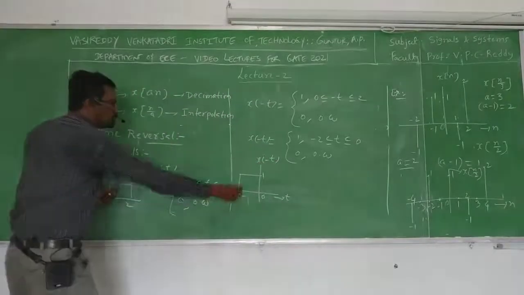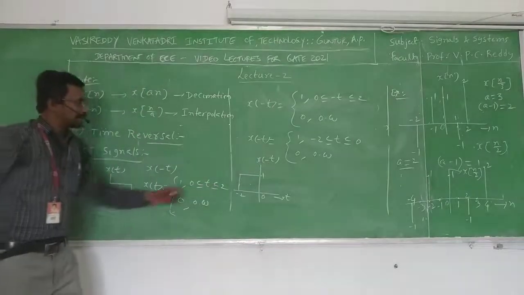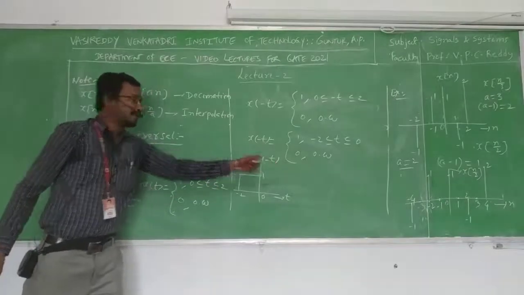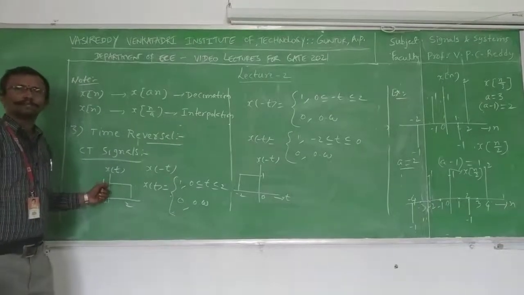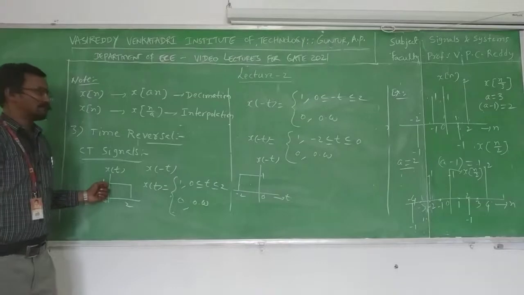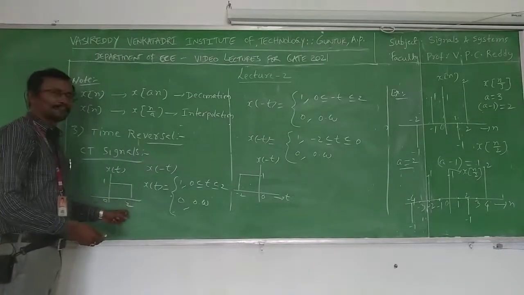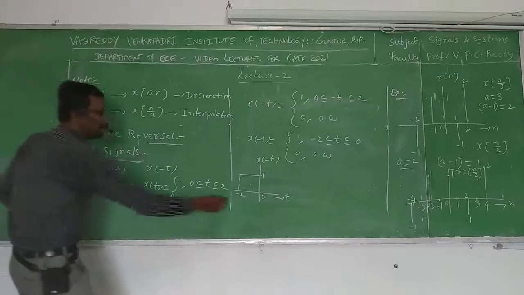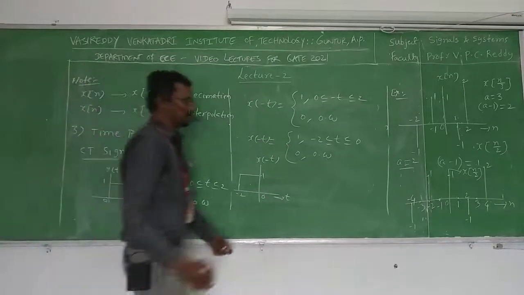If you observe these two, x of t and x of minus t, one is the mirror image of the other. That is nothing but keeping a mirror on the y-axis. The positive time axis becomes the negative time axis: this is from 0 to 2, this is from minus 2 to 0.